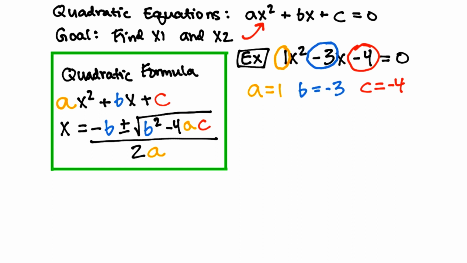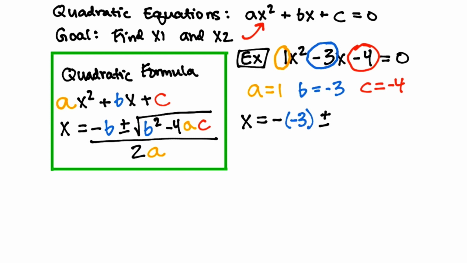Once we've written these down, we can just plug them into the quadratic formula. So x equals negative, and what I recommend is always putting parentheses around your numbers.